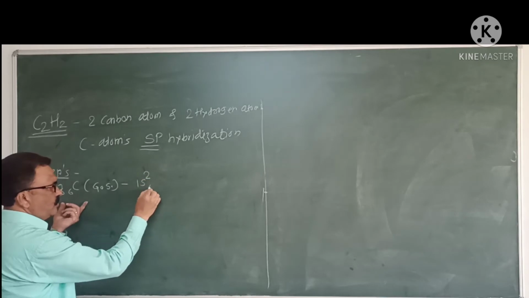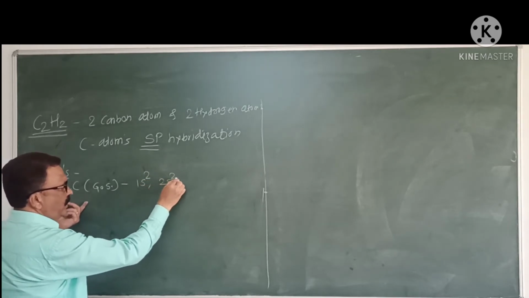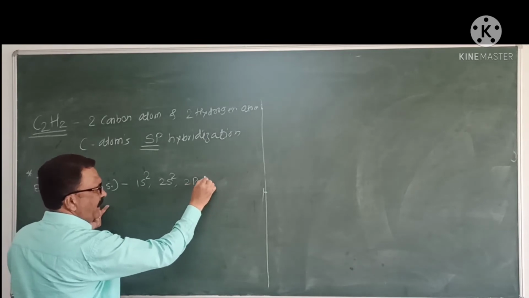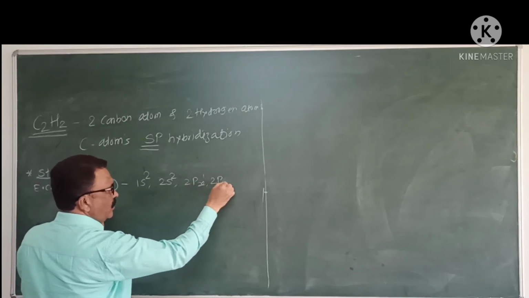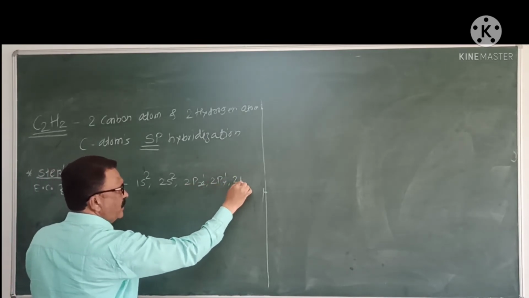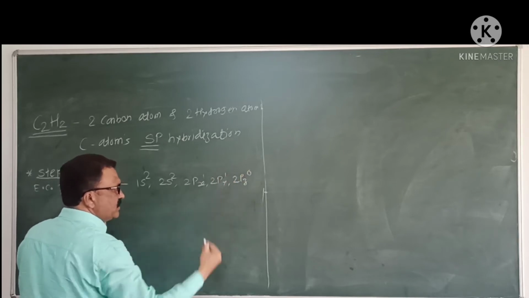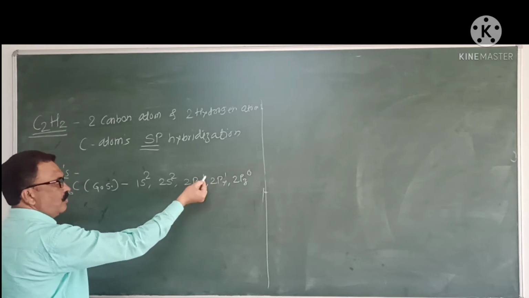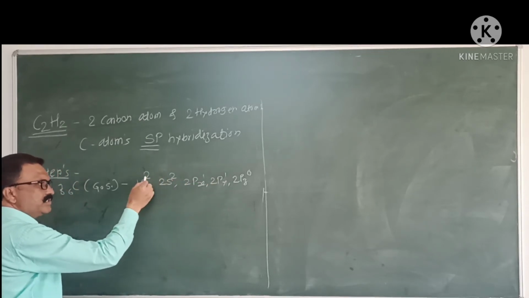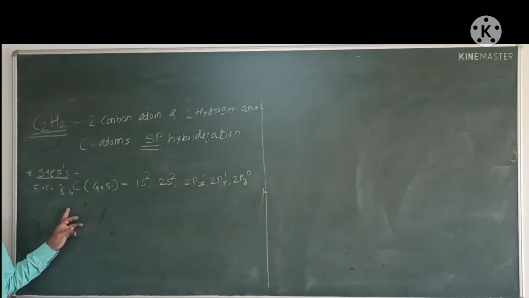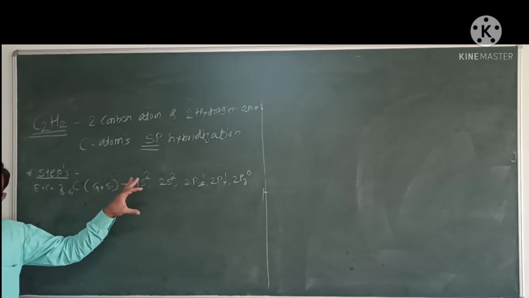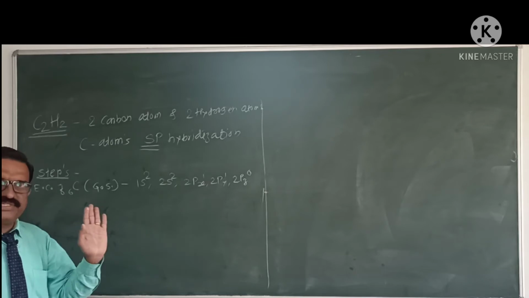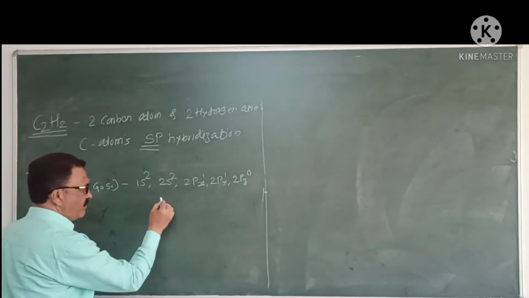1s2, 2s2, then 2px1, 2py1 and 2pz0. 1 plus 1 2, plus 2 4, plus 2 6, that is 6 electrons are distributed in the various shells and subshells.